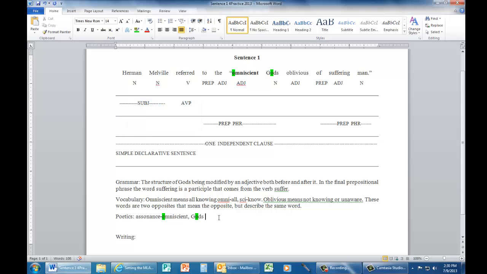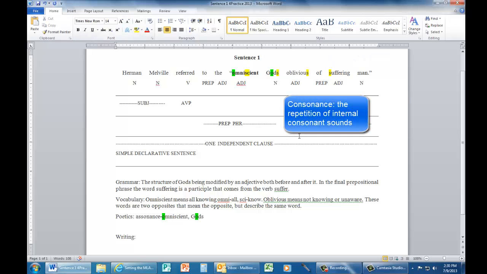The second repetition of sound that I found very interesting was from the S sounds: omniscient, gods, oblivious, and suffering. Now, if these S sounds came only from the first sound in the word, we would call it alliteration. But because it comes from different areas of different words, we refer to it as consonance.